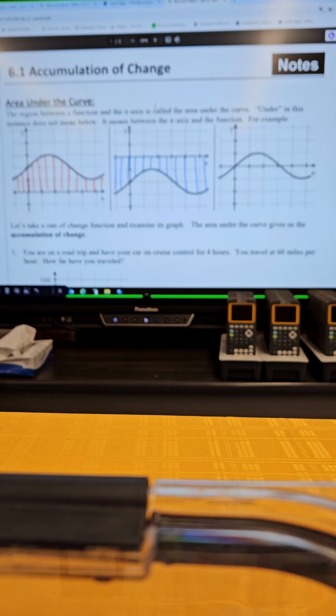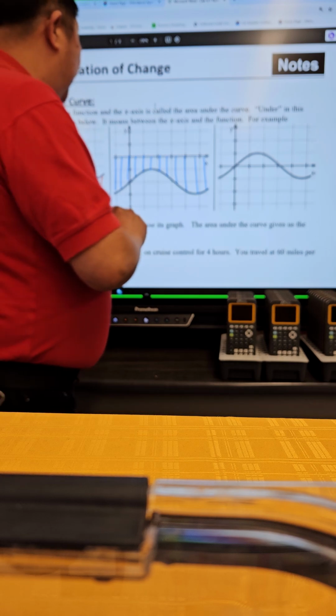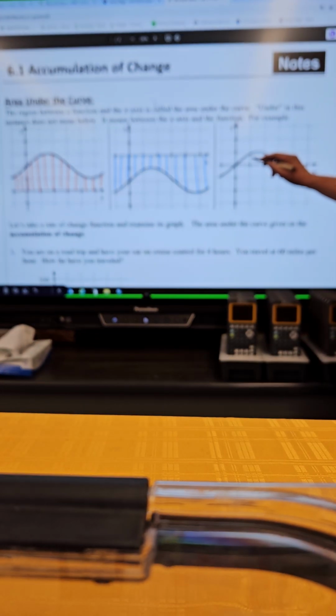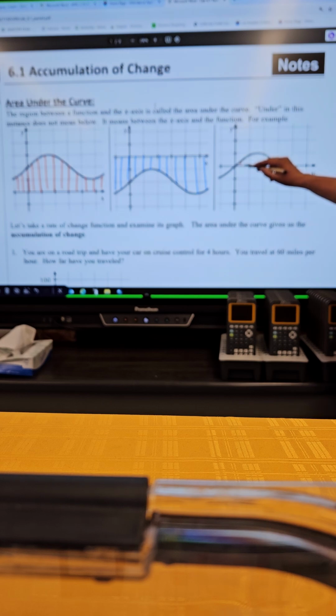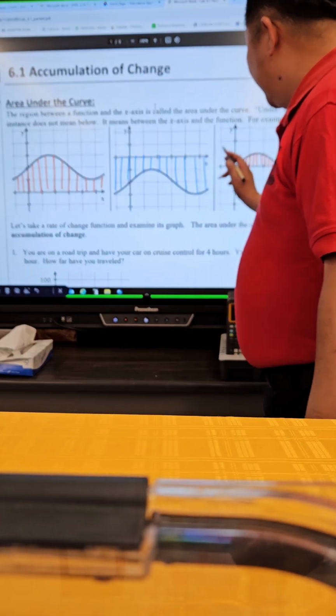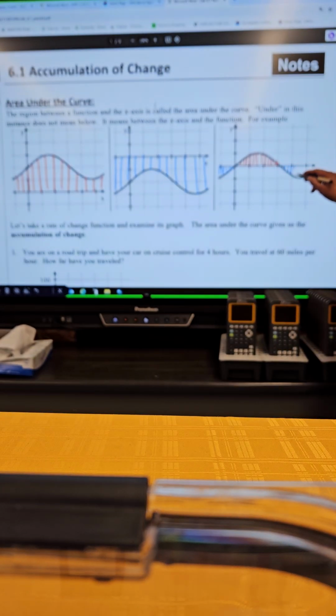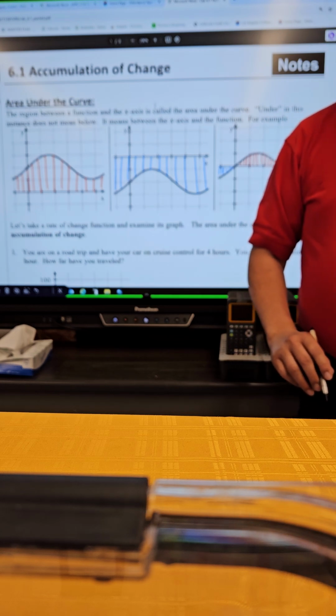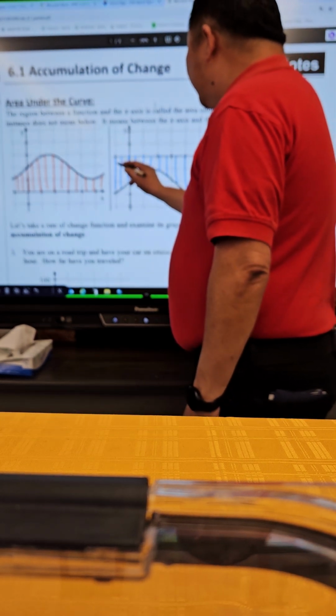As I said, we do color coding for above. This is the area above the x-axis, and the areas below the x-axis are these two, this one and this one. So I need you to label that, guys, for you to understand each particular area.